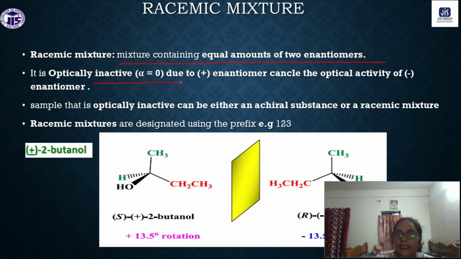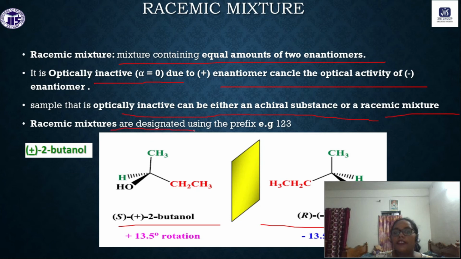This mixture is optically inactive. Why? Because we have 50% of this molecule and 50% of this molecule, so both are in the solution. That is why the optical activity is 0. A sample that is optically inactive can be either an achiral substance or a racemic mixture.